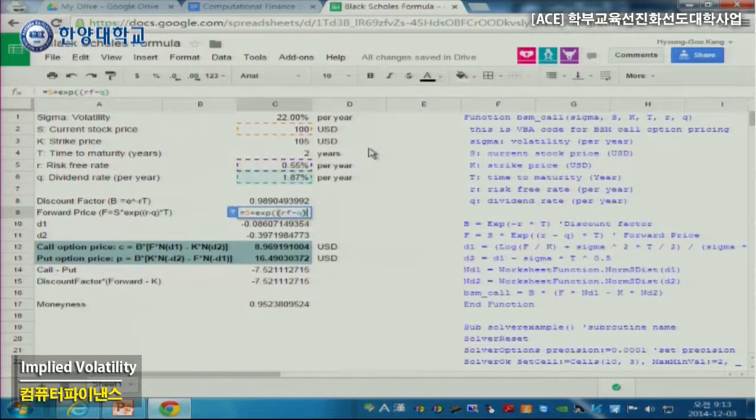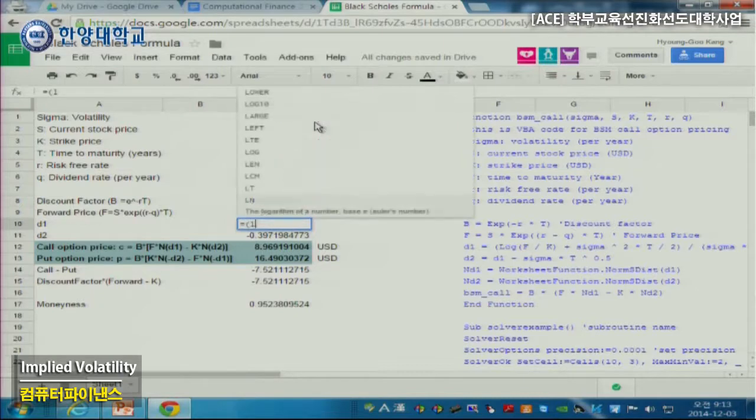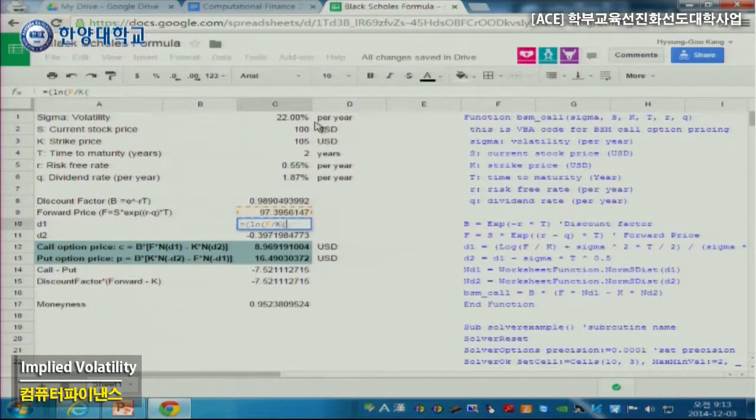And then the formula for d1 is ln(F over K) plus sigma squared times T divided by 2, over sigma times T to the power of 0.5. You all remember the Black-Scholes formula. And then d2 is d1 minus sigma multiplied by T to the power of 0.5.